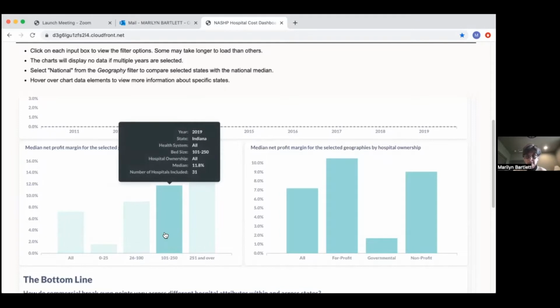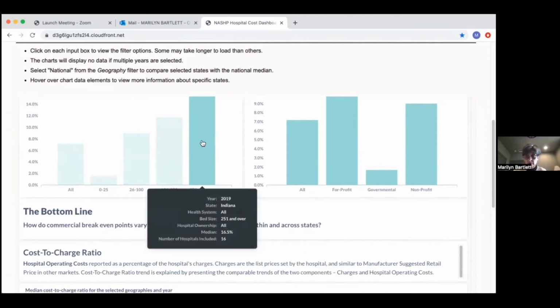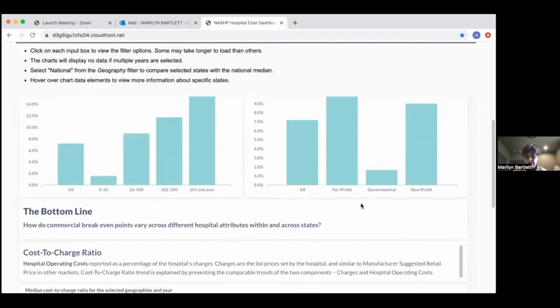We move on up, you can see it gradually going up to 11.8% net profit margin for bed size 101 to 250. And then the largest is 16.5%. And breaking it down again by government, for-profit, nonprofit.